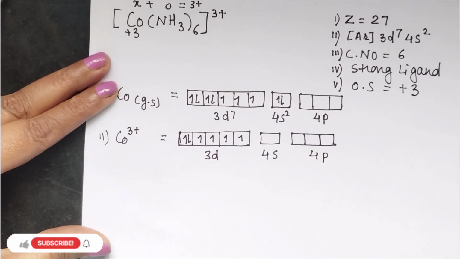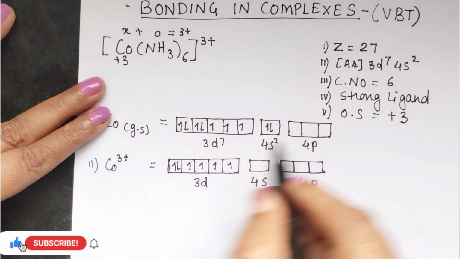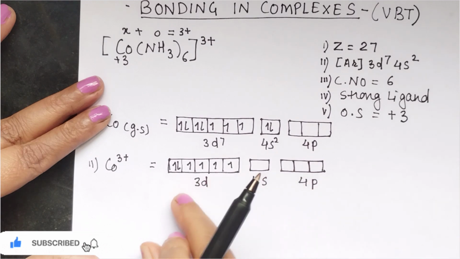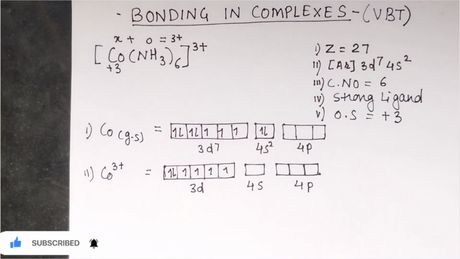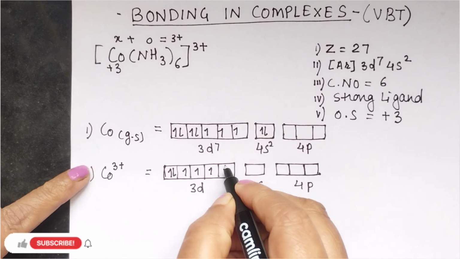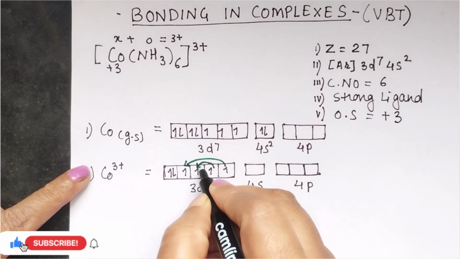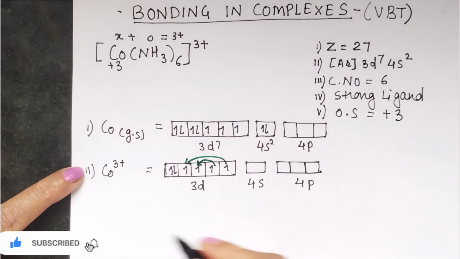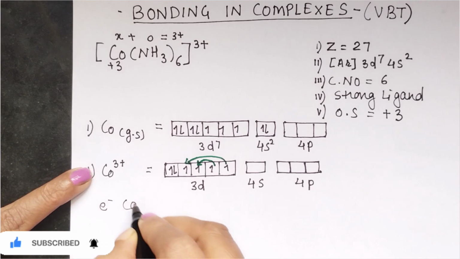Now students, when the ligands approach this metal ion, amine being a strong ligand, the pairing of the electrons will take place in d orbital. Now how will the pairing take place, students? This electron will pair up with this and this electron will pair up with this. So let us write the electronic configuration after pairing.